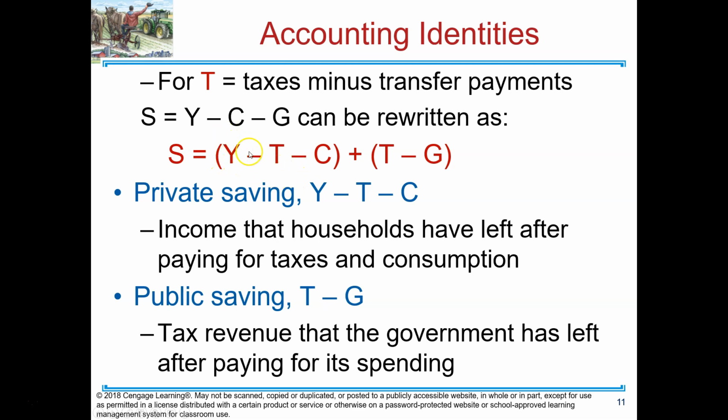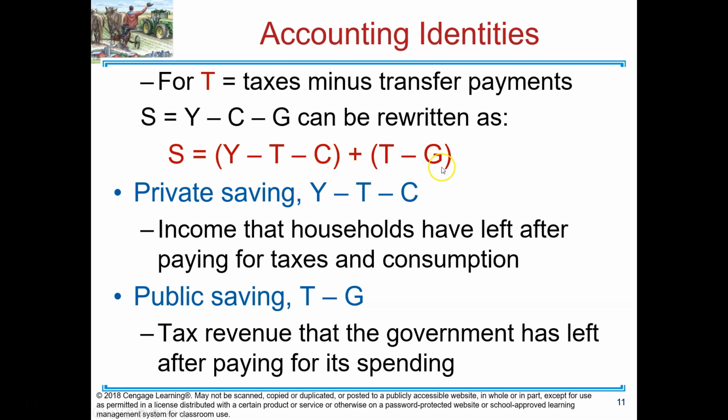This is the total income, Y. Then households pay taxes on this income, so that is the disposable income. Minus consumption, since households also buy goods and services from other people and other firms. So anything that is left over after taxes and consumption is the saving, but it is the private saving. It is the saving by the private citizens.